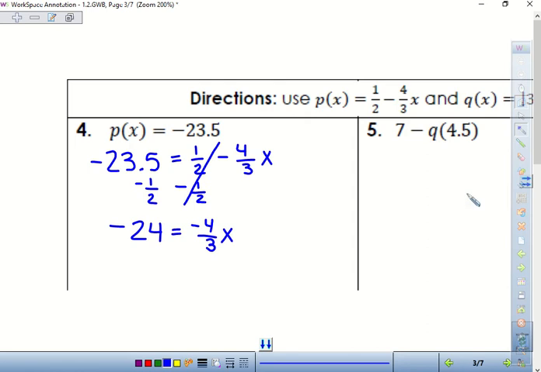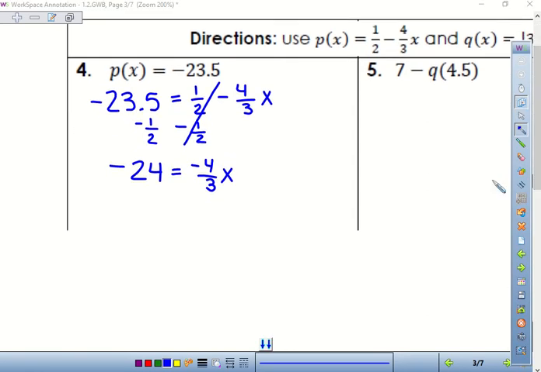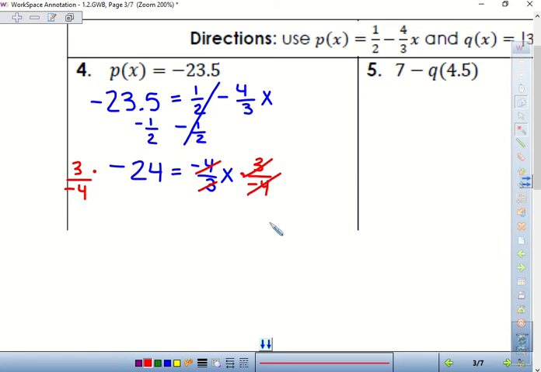Okay. Now you have a few different options on how to solve this. There's not one right or wrong. Well, there's definitely wrong ways and right ways, but there's multiple of them. You can do the reciprocal method, where you multiply by the reciprocal of the fraction on both sides. So say we multiply by 3 over negative 4 on both sides. The purpose of that method is it allows us to cancel these out right here. Okay?